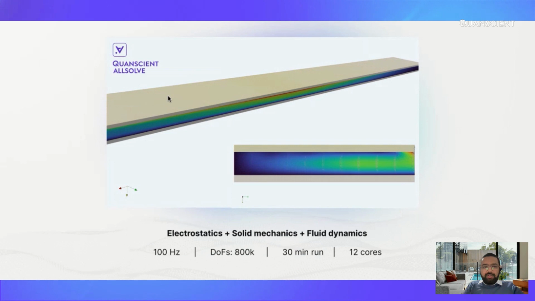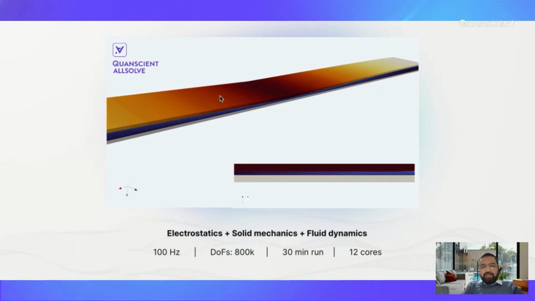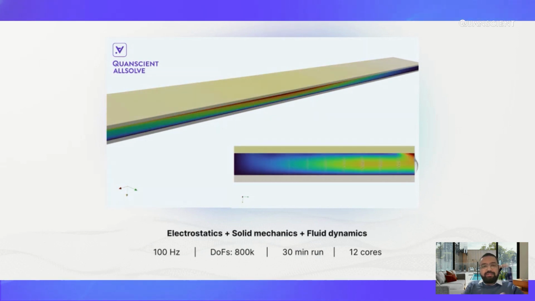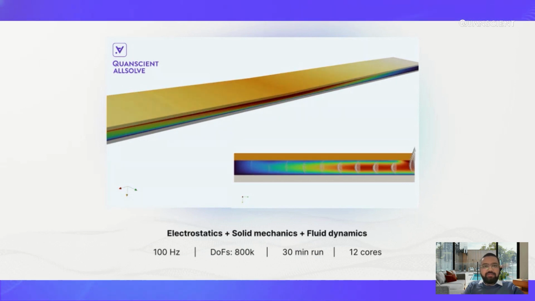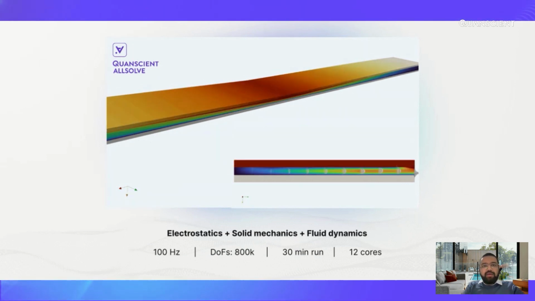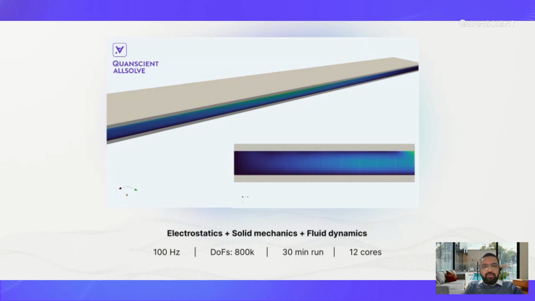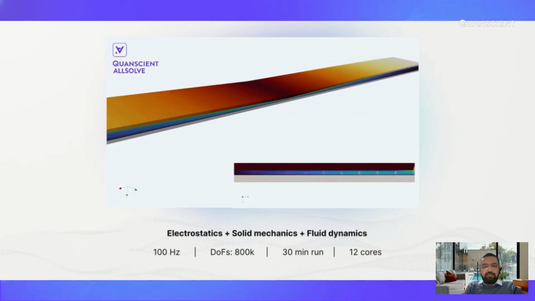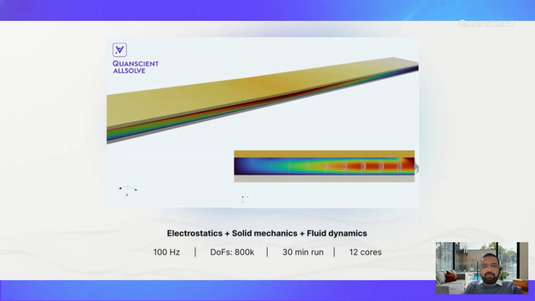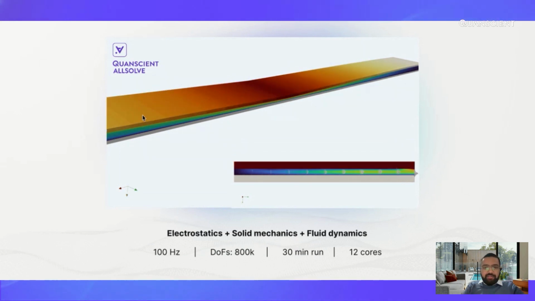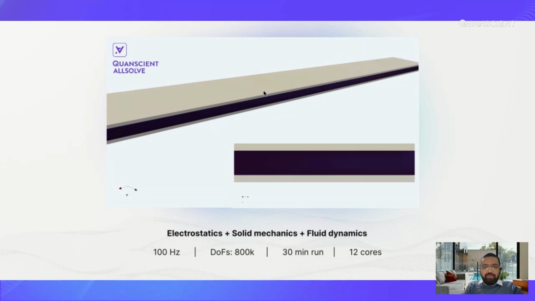So I extracted the simulation results, we get harmonics, and we have predefined functions to export this as transient files. And that's what I have visualized here.